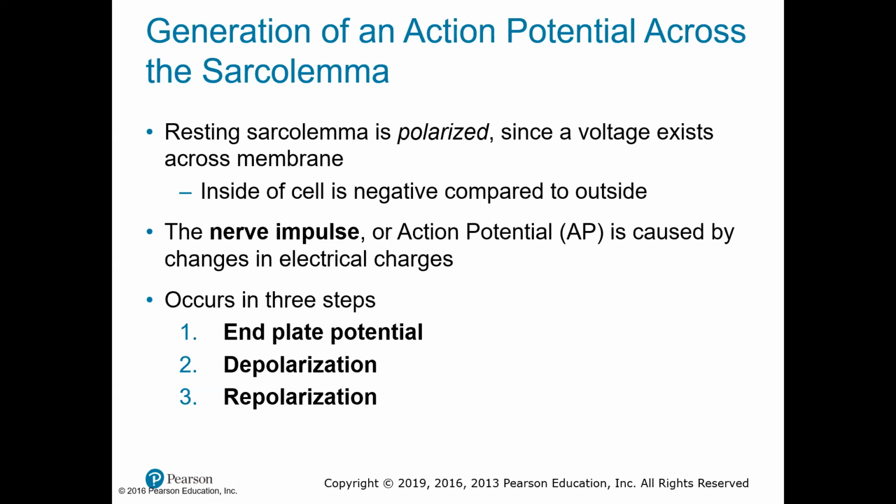We have to have a change. We know the motor end plate is at minus 90 millivolts. We want to change that, but then we have to bring it back to what it was. The terms here are depolarization and repolarization. Remember, it's polarized, positive on the outside and negative on the inside.